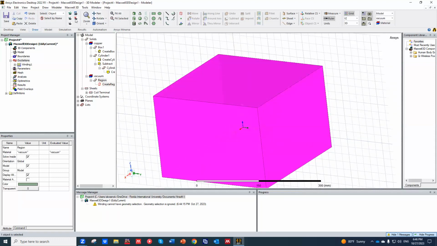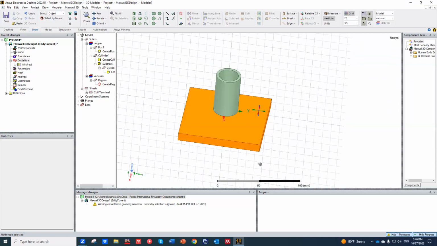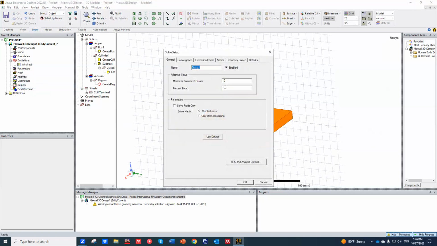Let me hide this region from the monitor, so it doesn't interfere with the structure. So what else? Analysis, right? I need to add a solution setup. Let's make the number of passes 10 and the percent error 0.1.